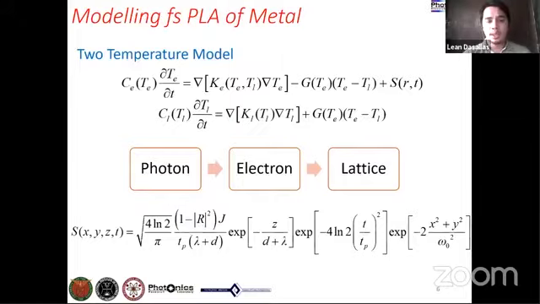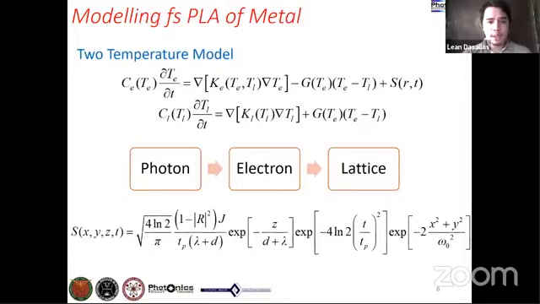And this model is written in this slide. Basically, what we have is a transfer of energy from the photon to electron to the lattice. This transfer of energy is described by these two coupled nonlinear partial differential equations.